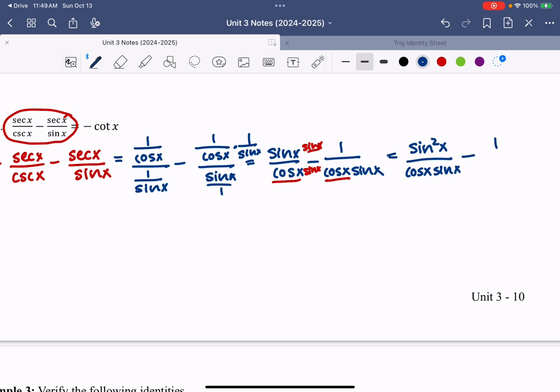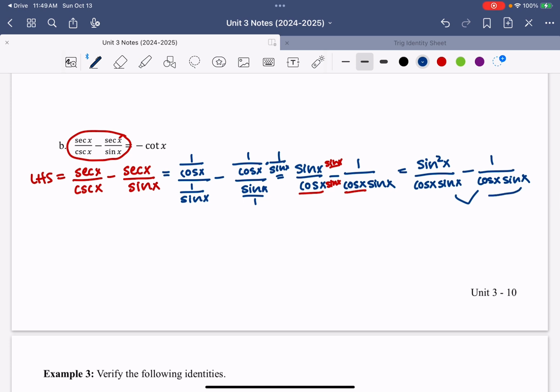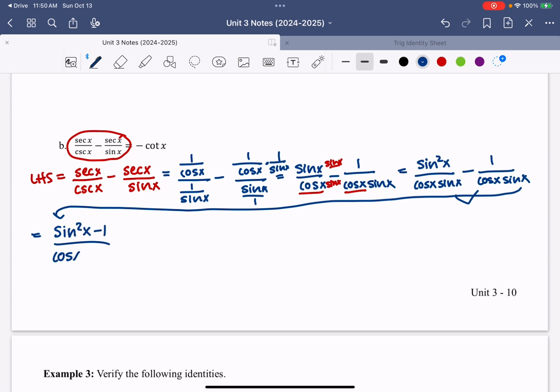And then my second term stays the same, 1 over cosine x sine x. Okay, since I have a common denominator, I can combine these two together. So coming back over here, I'm going to have sine squared x minus 1 over cosine x sine x.